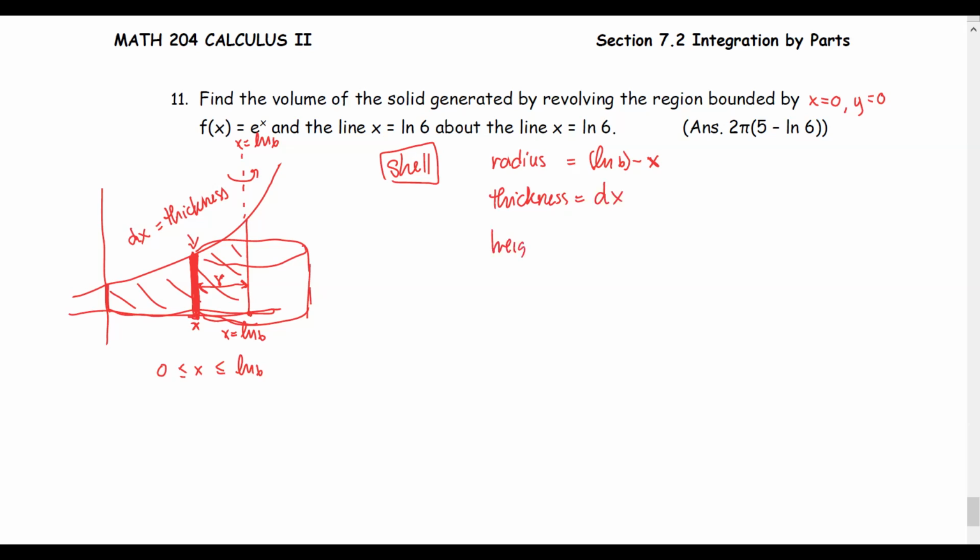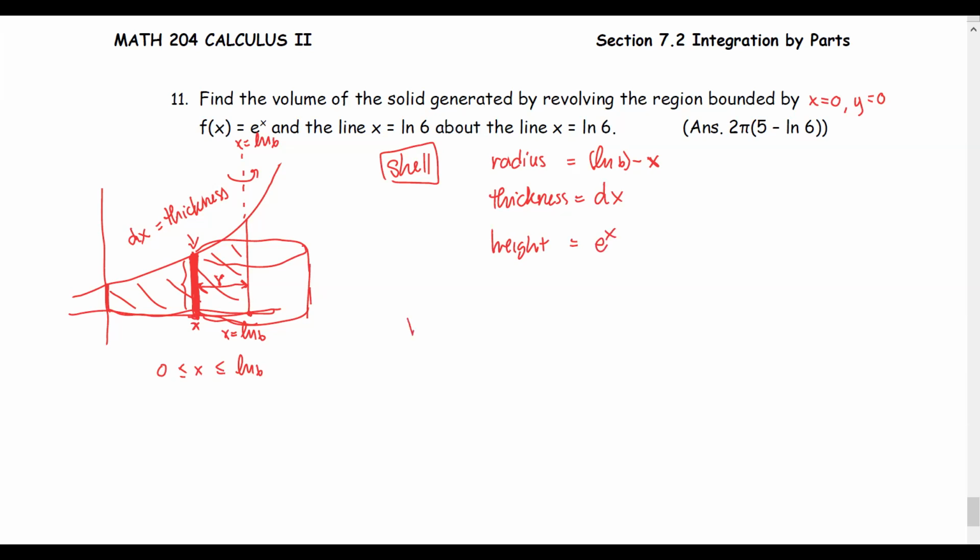And the height of the shell is measured from the top of the bar to the bottom of the bar, which is from the curve y equals e to the x to the x-axis. So the height would be y equals e to the x.